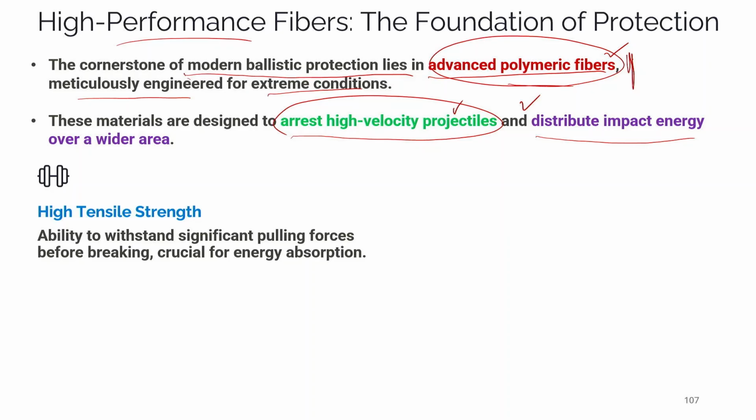So, high tensile strength is the first basic requirement of any ballistic protection. It gives the ability to withstand significant pulling force before it breaks, which is crucial for energy absorption. So, high strength is very important.